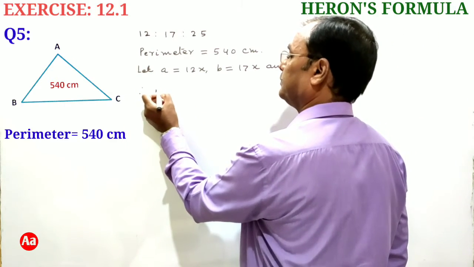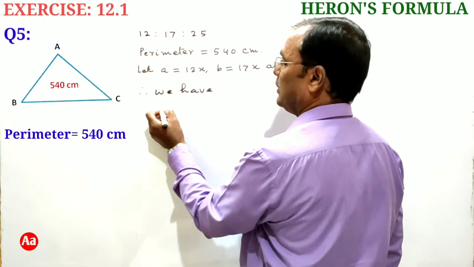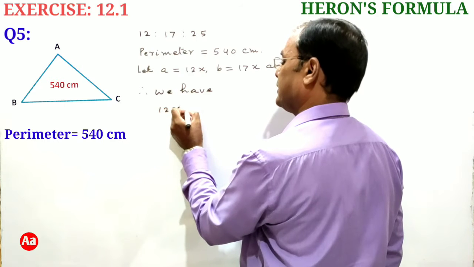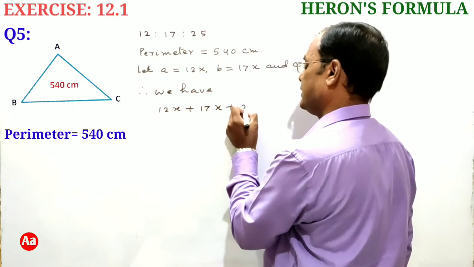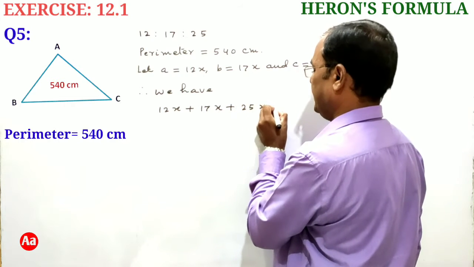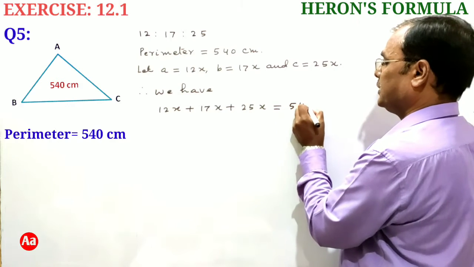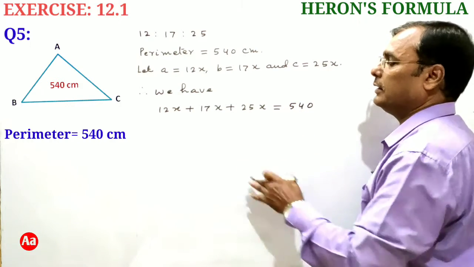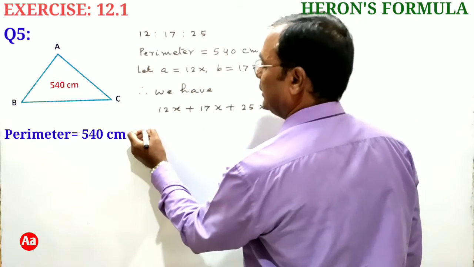Therefore, we have 12x plus 17x plus 25x equal to 540, the perimeter of the triangle. Sum of three sides equal to perimeter of the triangle.